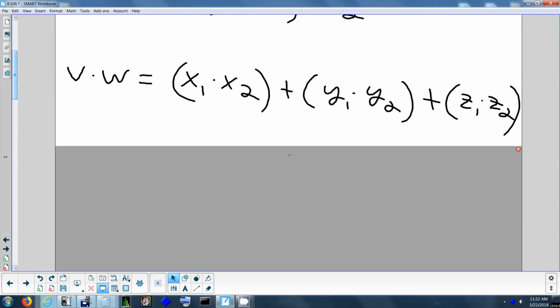And what did we use dot product for yesterday? Like we practiced finding it, but then we used the dot product as part of another formula. Yep, we used it as the numerator to find the angle. Exactly, to find the angle. So eventually we're going to do the same thing here. We're going to use it as the numerator to find the angle.